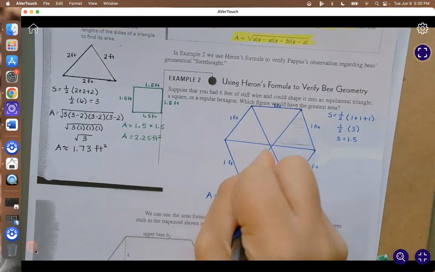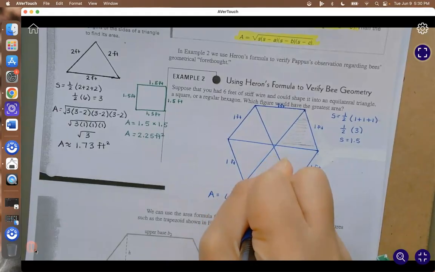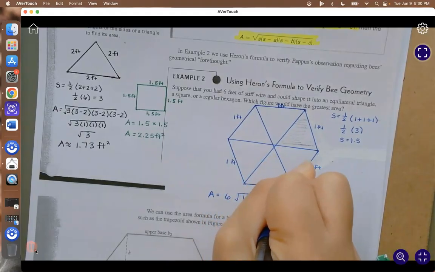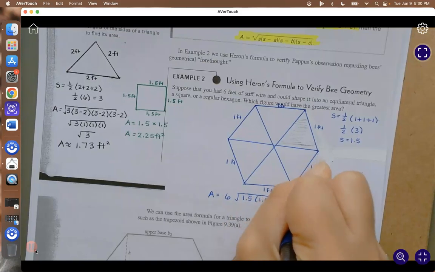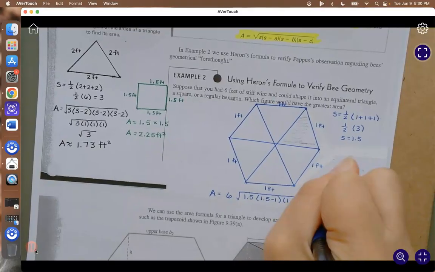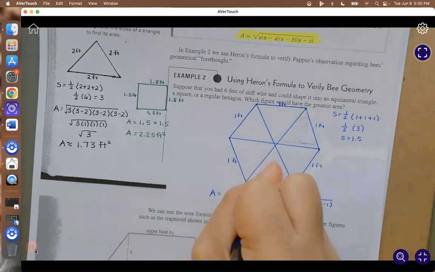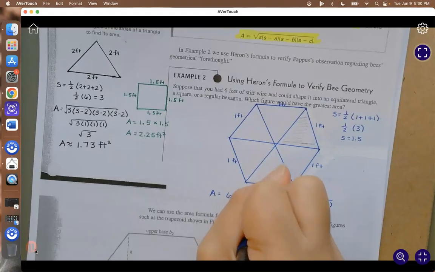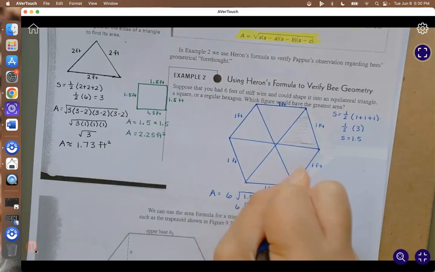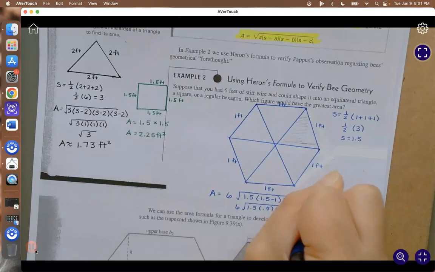6 times the square root of 1.5 times 1.5 minus 1 times 1.5 minus 1 times 1.5 minus 1. Then we have the square root of 1.5 times 0.5 times 0.5 times 0.5.